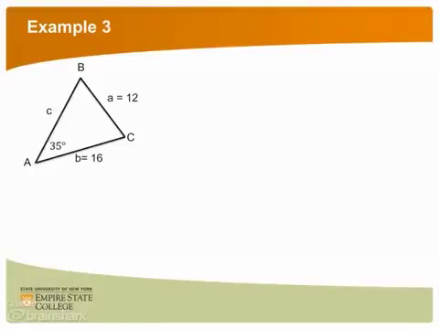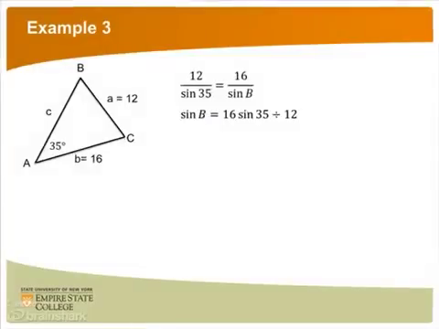What if angle A was 35 degrees, little a were 12, and little b was 16? How many triangles are possible now? We set up the ratios. 12 over sine of 35 equal to 16 over the sine of angle B. Cross multiply and divide.